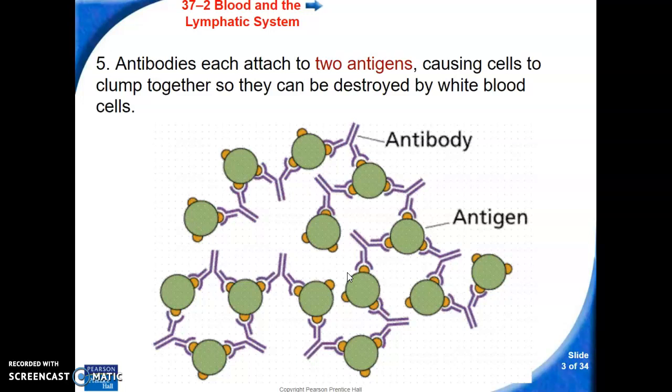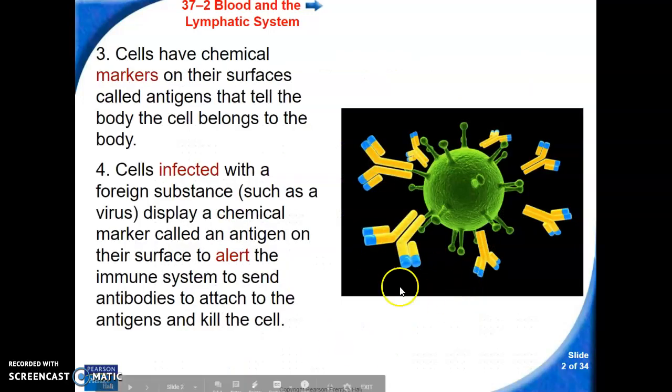So let me give you a practical example of this. Let's assume, going back to this one, that you get this into your body. It's a foreign invader. Maybe it's a cold virus. Maybe it's the COVID virus. Maybe it's a bacteria, the bacteria that causes tetanus, maybe. So you get it into your body, and you've never had it in your body before.